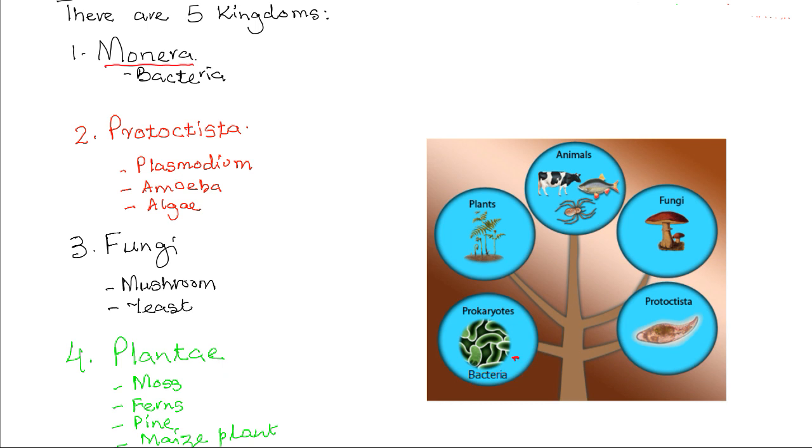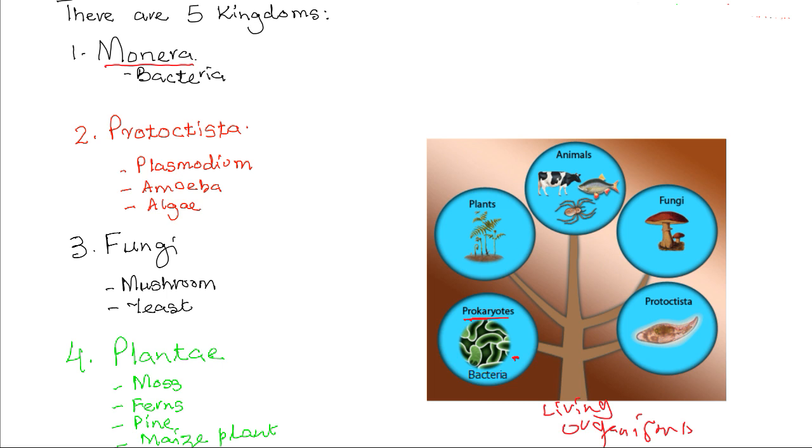Let's say all these are the living organisms. We have living organisms here. Then they'll be divided into 5 kingdoms. And the first one we're considering is the kingdom Monera. The members are known as prokaryotes. Why prokaryotes?